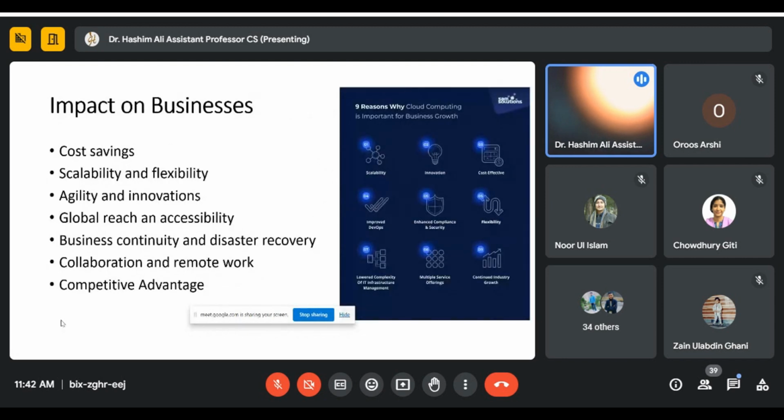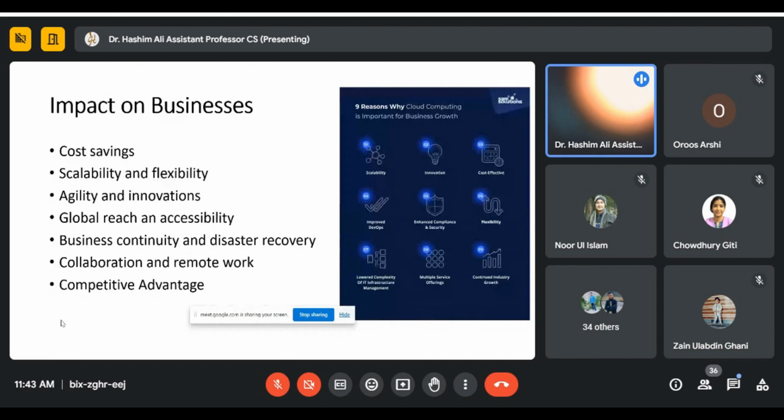Then the impact on businesses. This is an important thing: why we are using the cloud infrastructure. There is an impact on businesses in terms of cost savings, and in terms of scalability and flexibility.